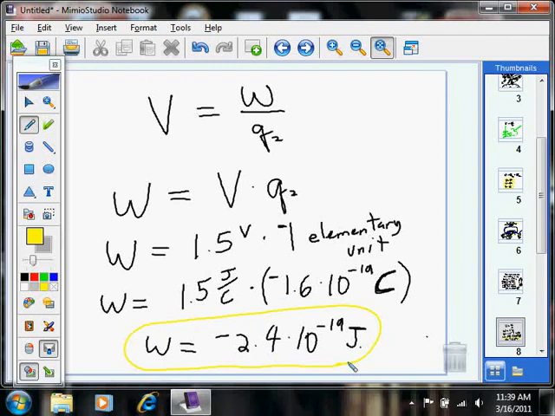Eventually we'll talk more about the positive and negative sign on the work. So to move one single electron takes a tiny, tiny amount of work. But if you're moving massive gangs of them, for each big gang of them, each coulomb, it would take 1.5 joules.